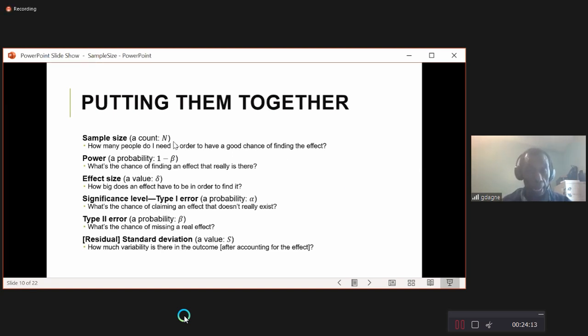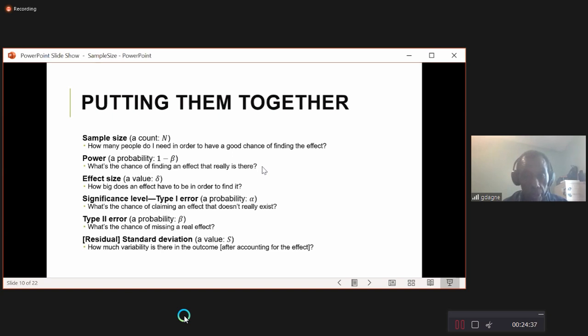Now we want the sample size. So we have to determine how many people I need in order to have a good chance of finding the effect. So I have to worry about the power. What is the chance of finding an effect if that effect is really there?